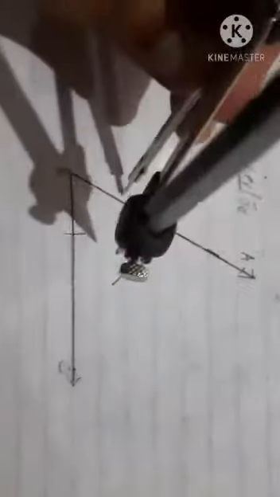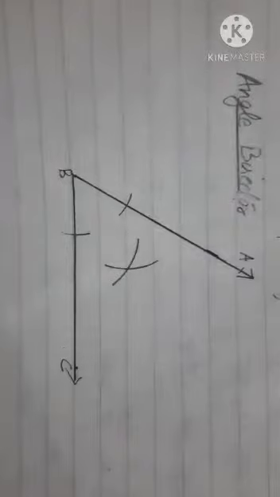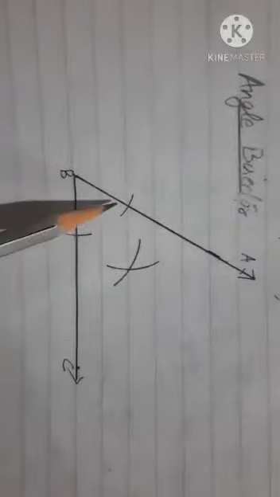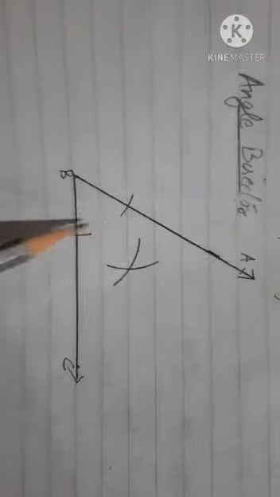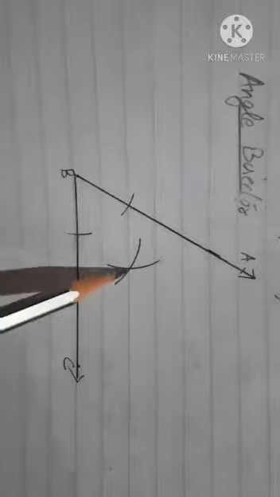So here I have drawn one arc, and in the same way I will keep it on the other end, and I will try to cut this arc. So the first step, draw arcs on both the rays, on both sides of the angle, and the second step is from this measurement draw internal arcs.